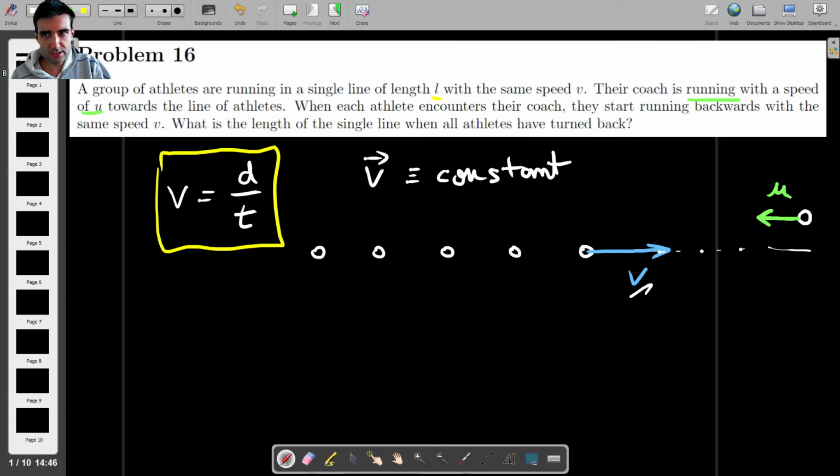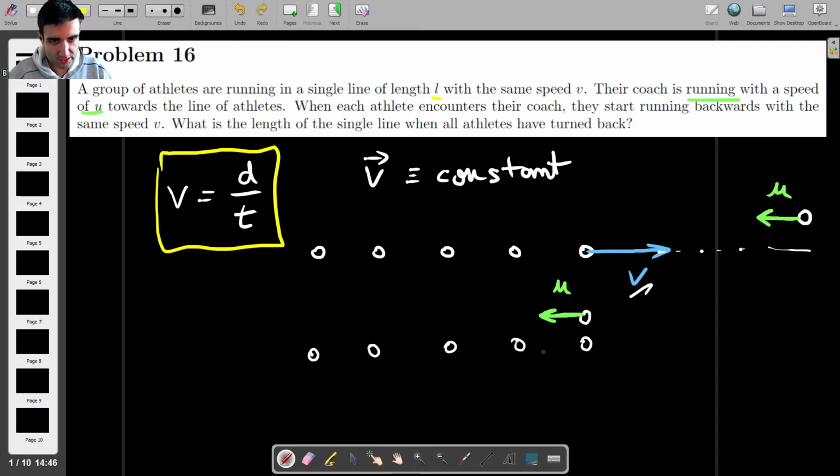So what essentially happens is that when the coach gets to this point, he keeps running, so nothing happens to the coach, and this athlete will start traveling backwards with the same speed.